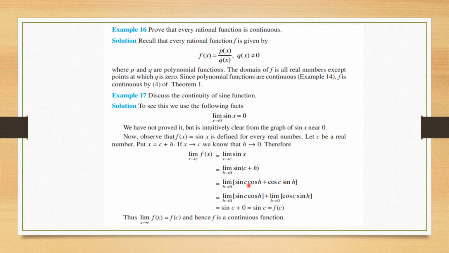So the limit will be sin c, limit h approaches 0 of cos h, plus cos c, limit h approaches 0 of sin h. We can put the limit only where h is there. So cos 0 is 1, so it will be sin c, and this cos c, and you know sin 0 is 0, so it will be 0. So it comes out to be sin c.